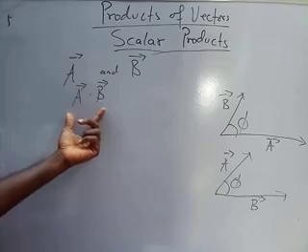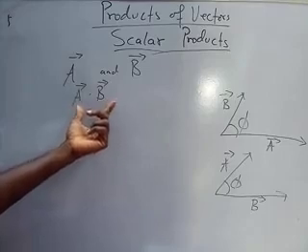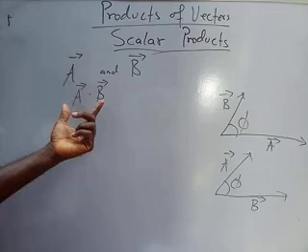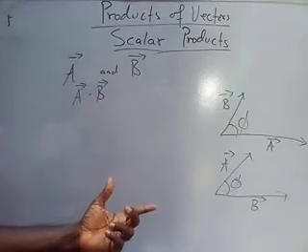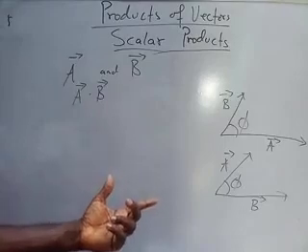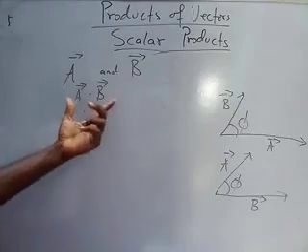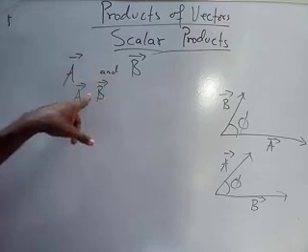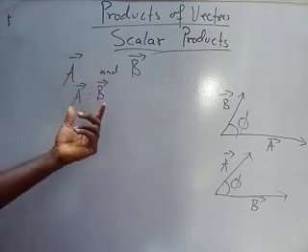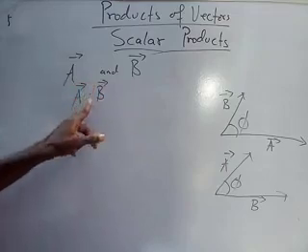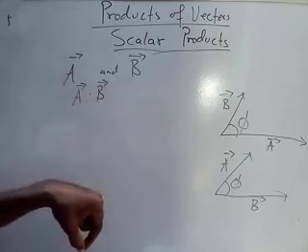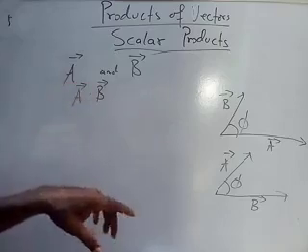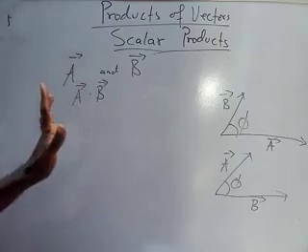The quantity you have after simplifying is a scalar. When you apply the dot product to two vectors, what you have is a scalar, no longer a vector.